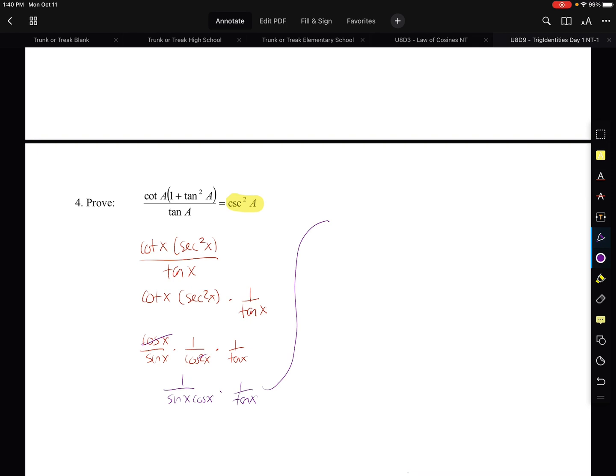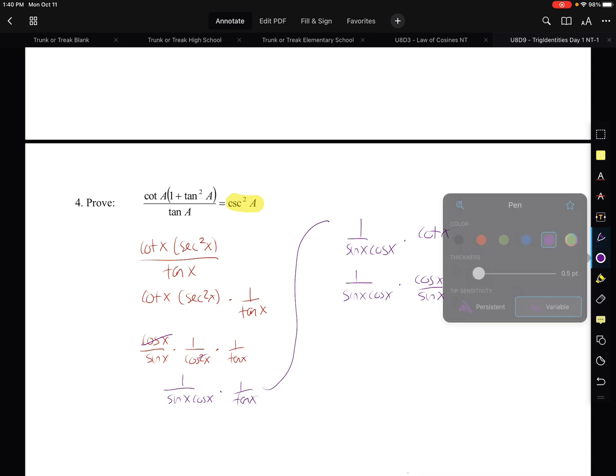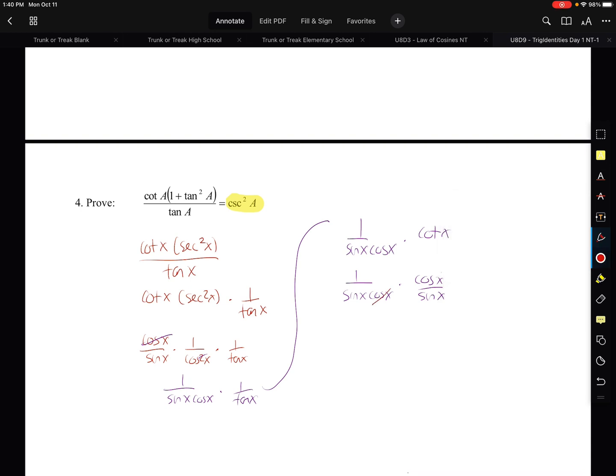If tan's in the denominator, I could bring it up: 1 over sine x cos x times cotan x. 1 over sine x cos x times cos over sine. That sets me up to cancel the coses. And then I have 1 over sine squared x, which equals cosecant squared.